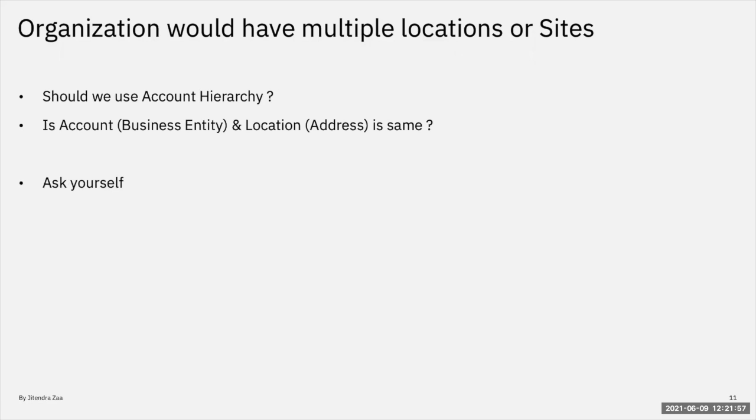Ask yourself that account means something that you do business with. Location is something which has an address. So the decision of making an account hierarchy, is this the right decision? Ask yourself. Mostly, including me, I normally go and create an account hierarchy, right? If that is the case, then you might already know there is a standard location object also. Why did Salesforce introduce the location object, right?